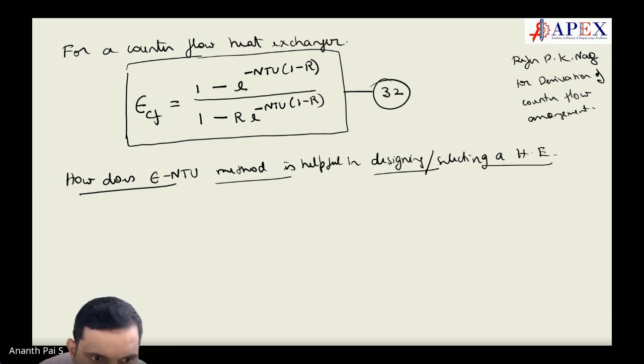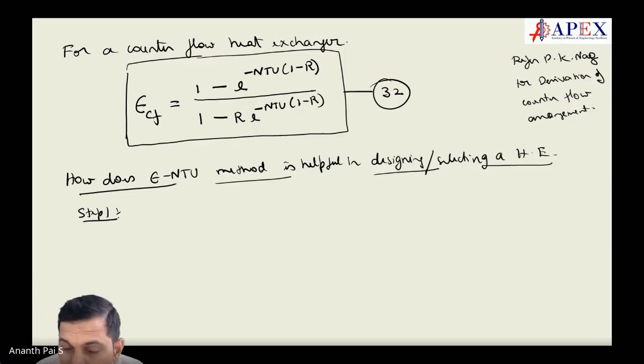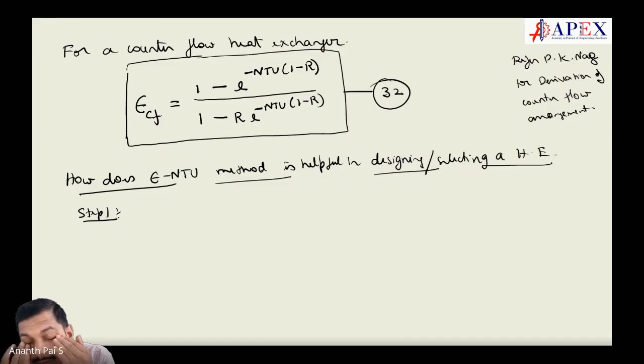First, step one. For counter flow and parallel flow, NTU and R are the same. Effectiveness is the same, there's no difference.